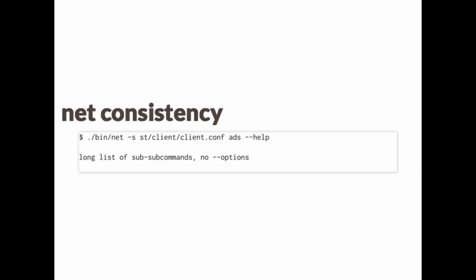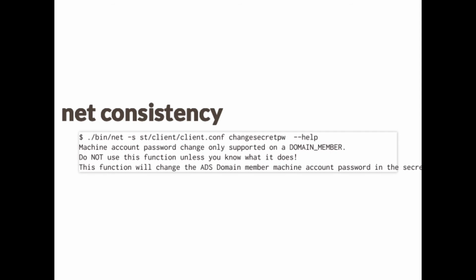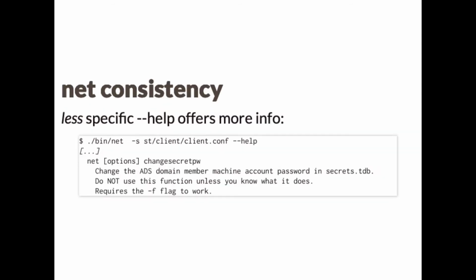And now, if you go into the subcommands, net is one of these things with subcommands. The dash help doesn't give you the options. If you go to this one, there's dash help. It tells you not to do it. But then if you don't put the change secret PW in there, and you read through the help, it tells you more about this thing that you were asking about.